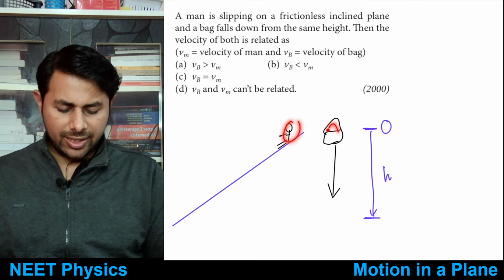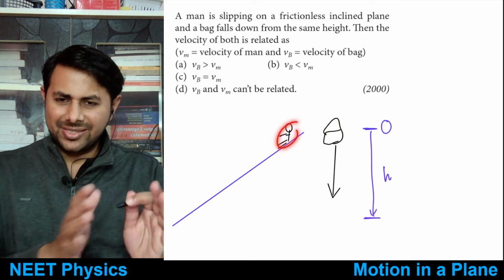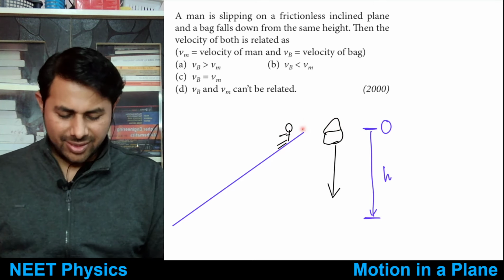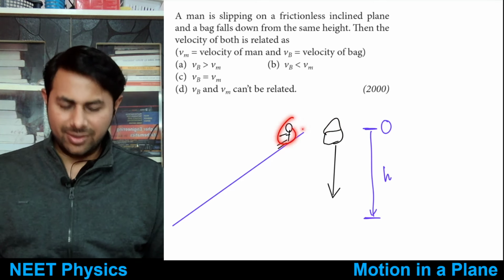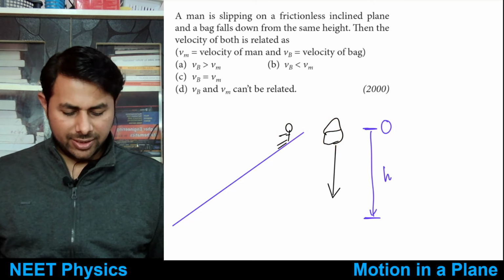Initially the man is released, or we can say man starts sliding with 0 speed. Right, this thing is clear? Yes, no?